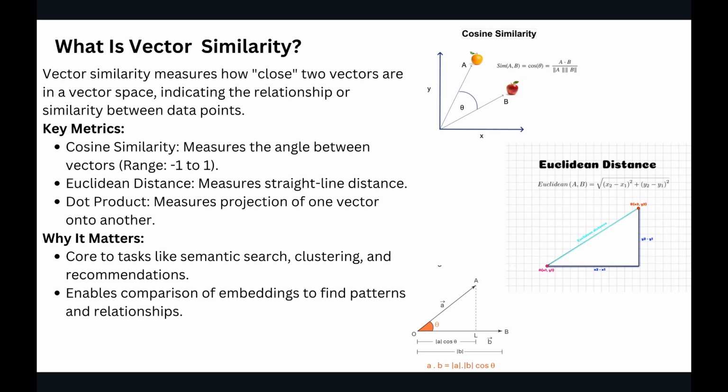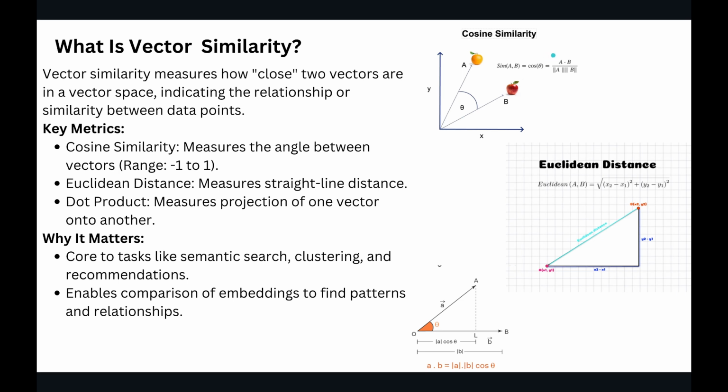That is represented as cosine similarity, which can be calculated using the formula cos theta equals a dot b divided by magnitude of a times magnitude of b. Here a dot b represents the dot product, which is the multiplication of the two vectors' coordinates.